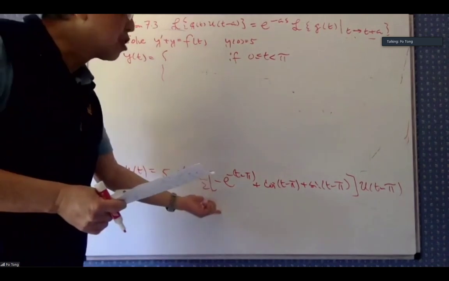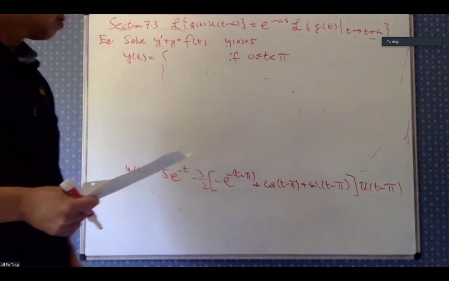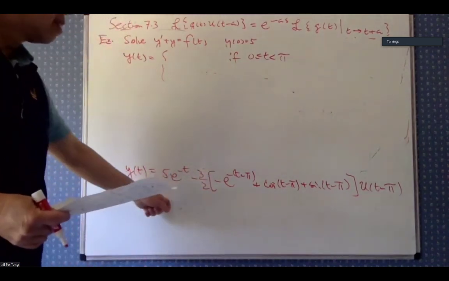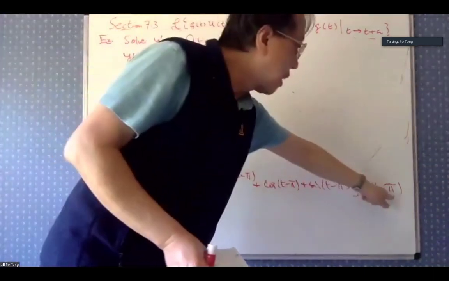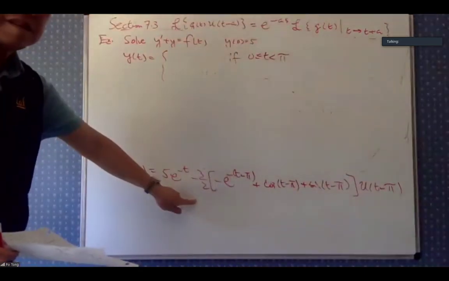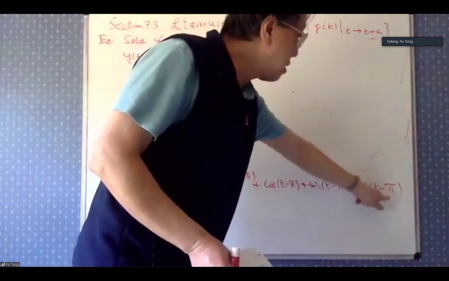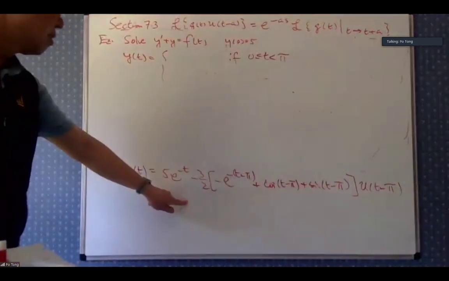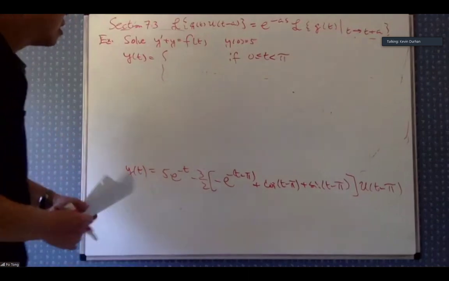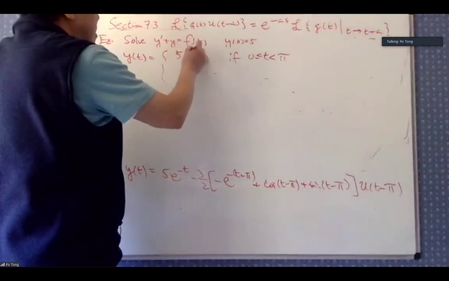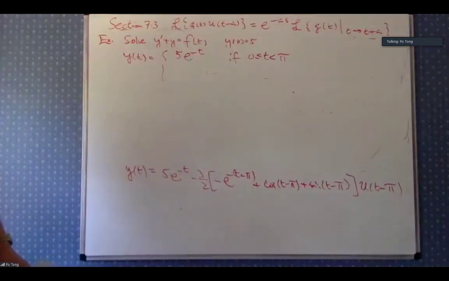What does this function degenerate into at the beginning? This guy is zeroing this guy out. Can you guys see that? So this thing here is zeroing the whole thing out. So at the beginning, we are left with only 5e to the negative t. Yes, this is what happened at the beginning.